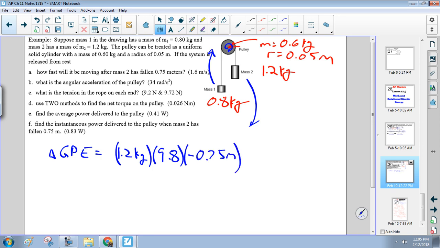Because it's going down. And then object 1 is going to go up that same distance, right? Okay, so if you multiply this all out, you get 3.92 joules, I think. I have it written down on a piece of paper here somewhere, which I have conveniently misplaced.